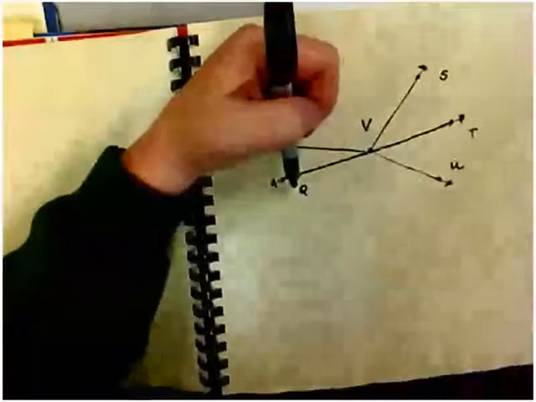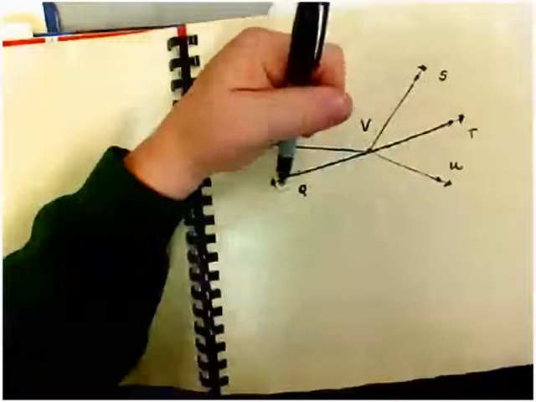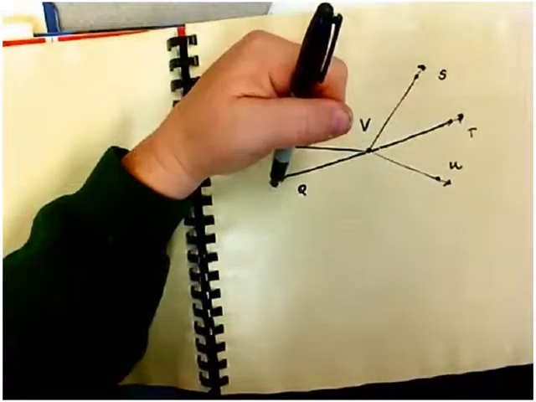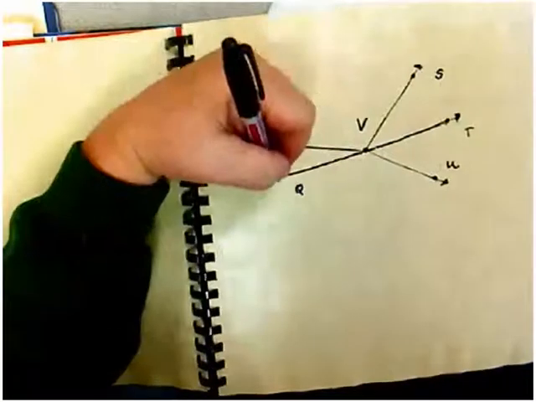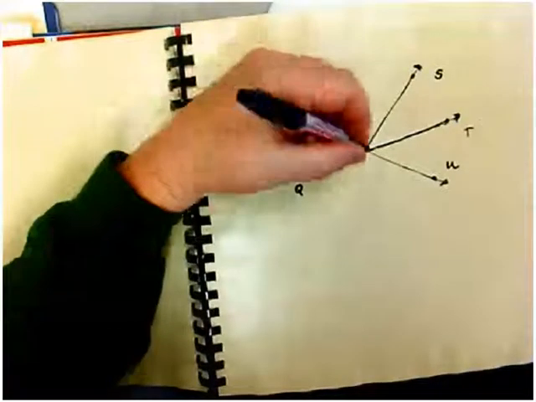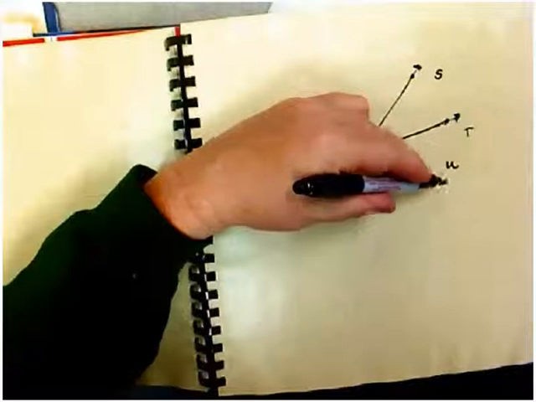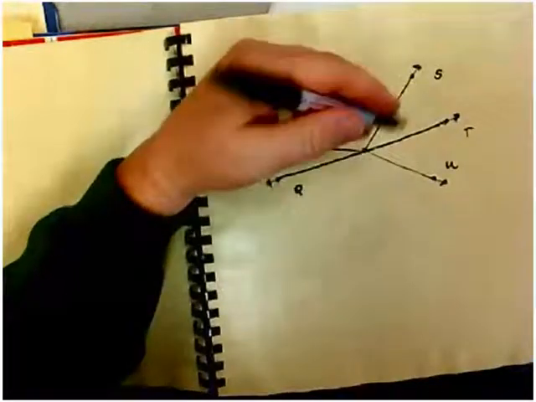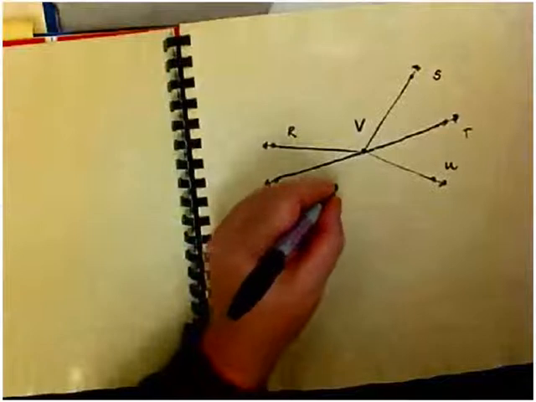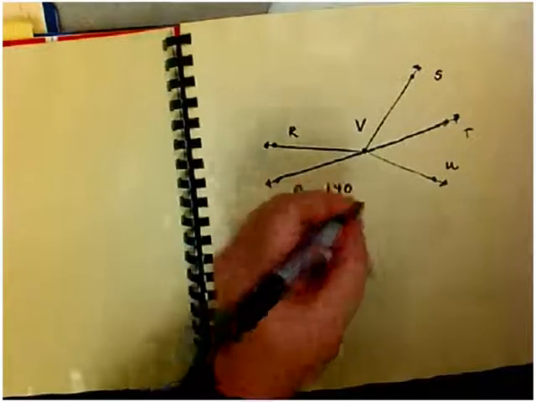Now the angle that they're labeling the measure on is the big, huge, obtuse angle, right? We should be practicing our obtuse and acute definitions. QVU, or UVQ. It's the big fat one at the bottom. They've got a label in the midst of it, and they're labeling it 140 degrees.